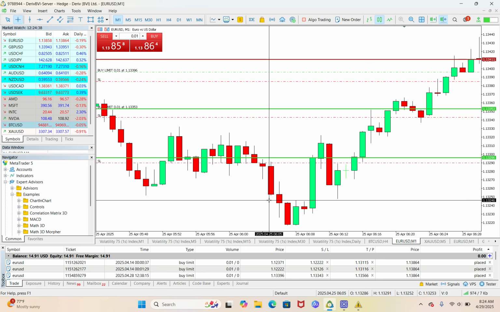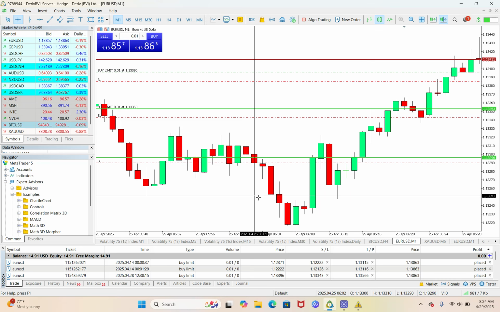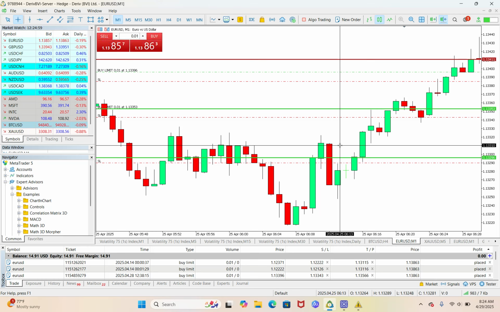So we're going to take a trade right here. If the trade wins, I don't know. If the trade loses, I don't know. There's no way for me to tell. But what I'm doing is using what the market is giving me, the data that the market is showing me, using the known to find the unknown.